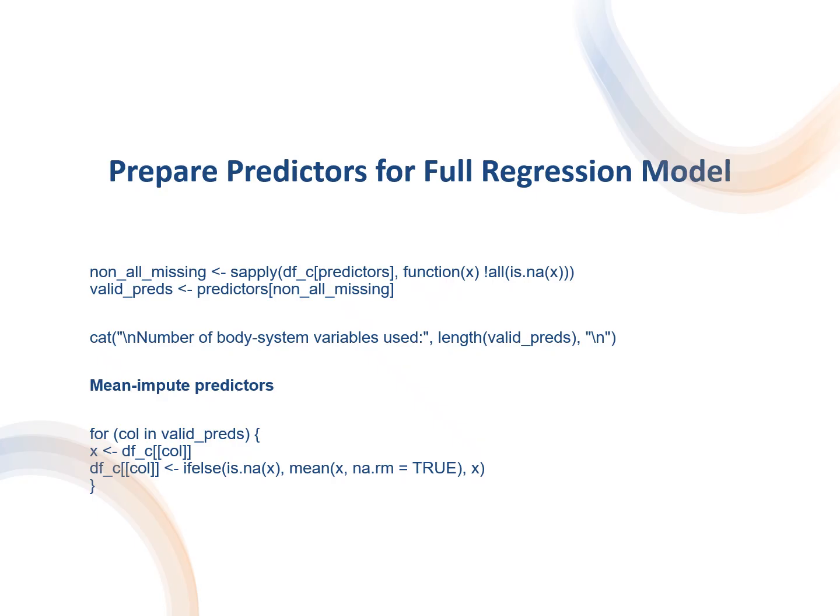For the remaining body system variables, I used mean imputation, which replaces missing values with the average value of the variable. While not perfect, it is a standard method to prevent models from failing due to incomplete data. Especially, this step ensures we start the full model with complete and consistent data.